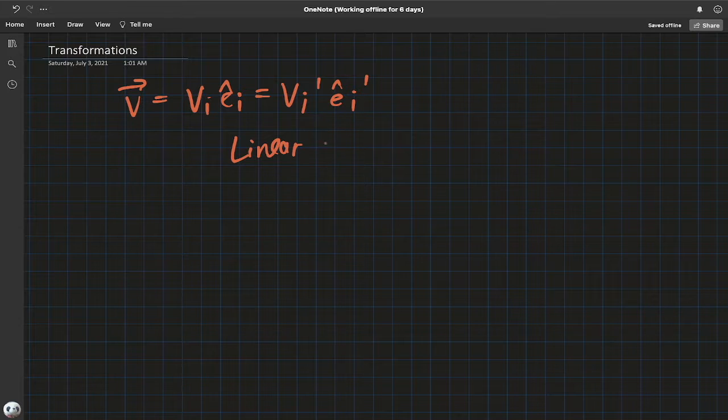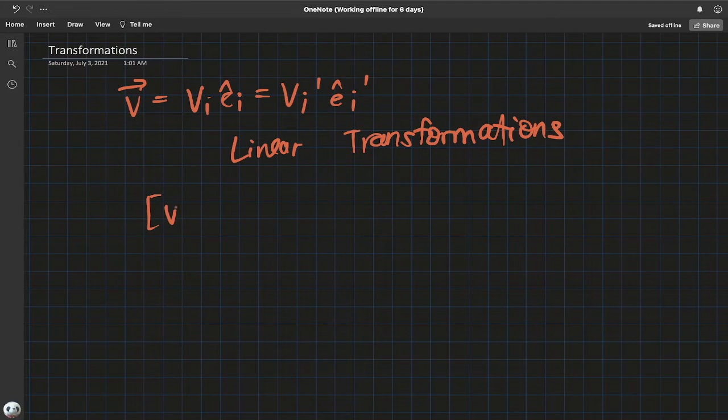We are talking of linear transformations in this part of the video. So how do we convert from the unprimed system to the prime system? Well, the vector v prime can be represented by a matrix small a applied to the unprimed vector in the unprimed system.